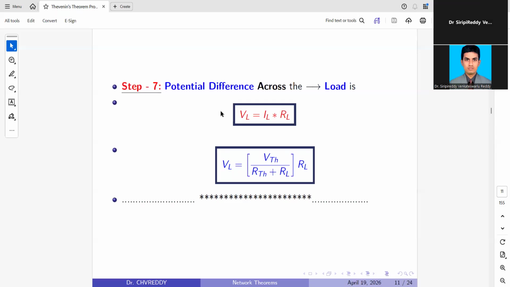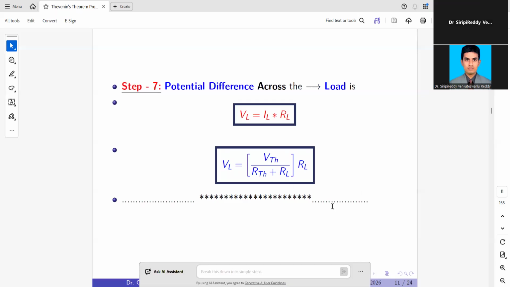So the total voltage drop across the load, VL, equals VTH by RTH plus RL, which is the current flowing through the load resistance, into RL.